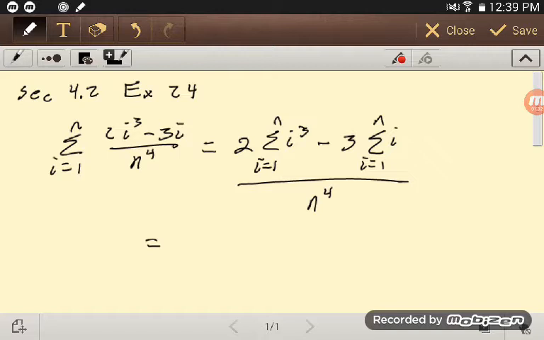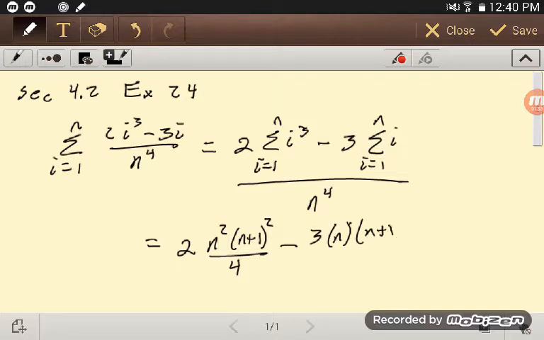Okay, so this first sum, we have 2, and then that was n squared times n plus 1 squared, all over 4. And then minus, we had 3, and that's n times n plus 1 over 2.